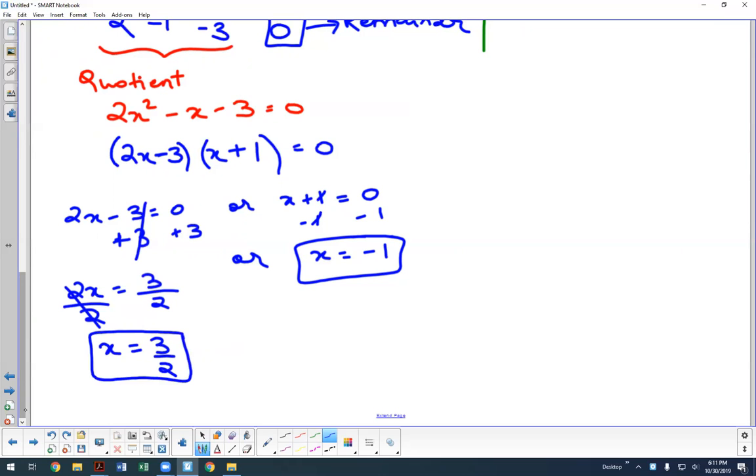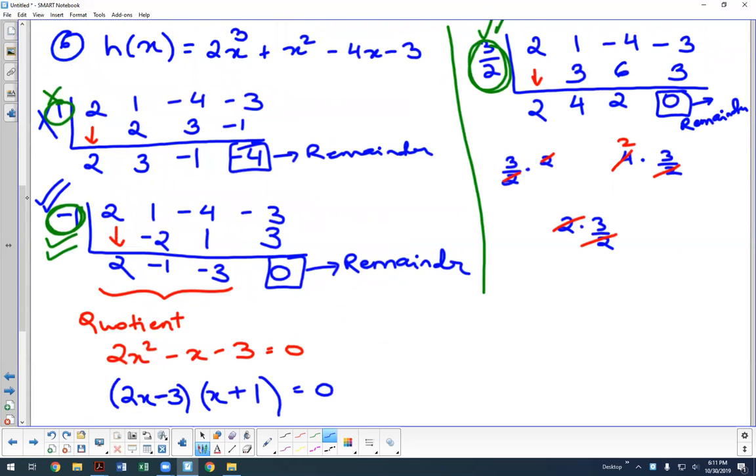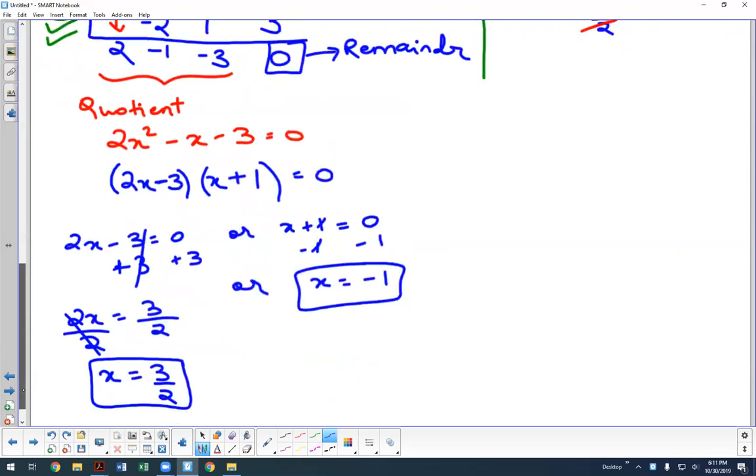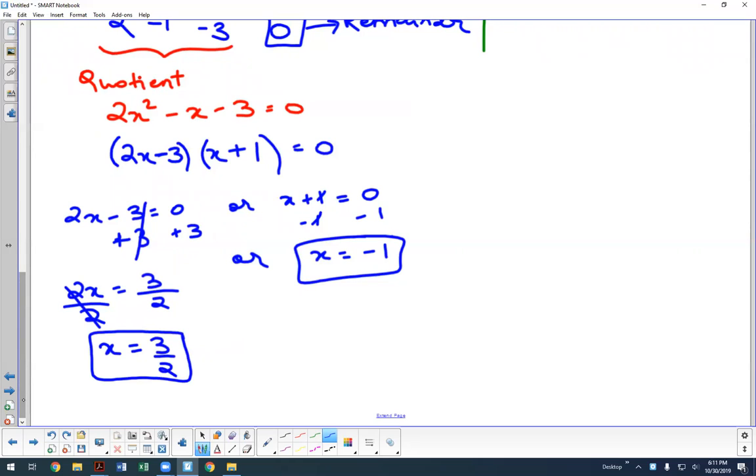And remember, this is in addition to the -1 that we already found, because this quotient is coming after we got -1 as our 0, right? So these two factors that I'm getting are in addition to the -1 that I already have. So this is how it's working. I have 3/2, and then I have -1 and -1, which is getting repeated. So those are my 3 roots.